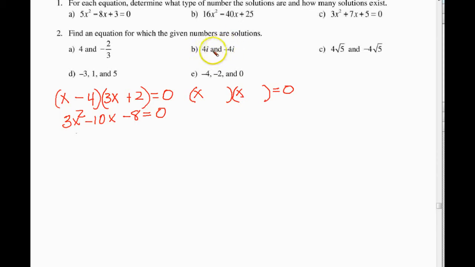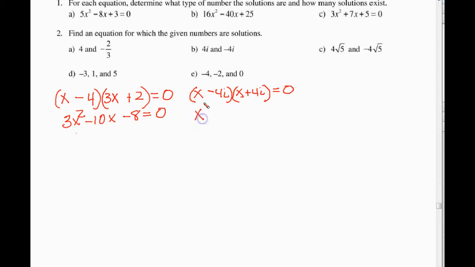And if you notice, these are sort of the results of conjugates. They're opposite signs, so it'll be x for this first one minus 4i, and this will be x plus 4i. Now, when we do the FOIL, notice it will result in the difference of perfect squares.